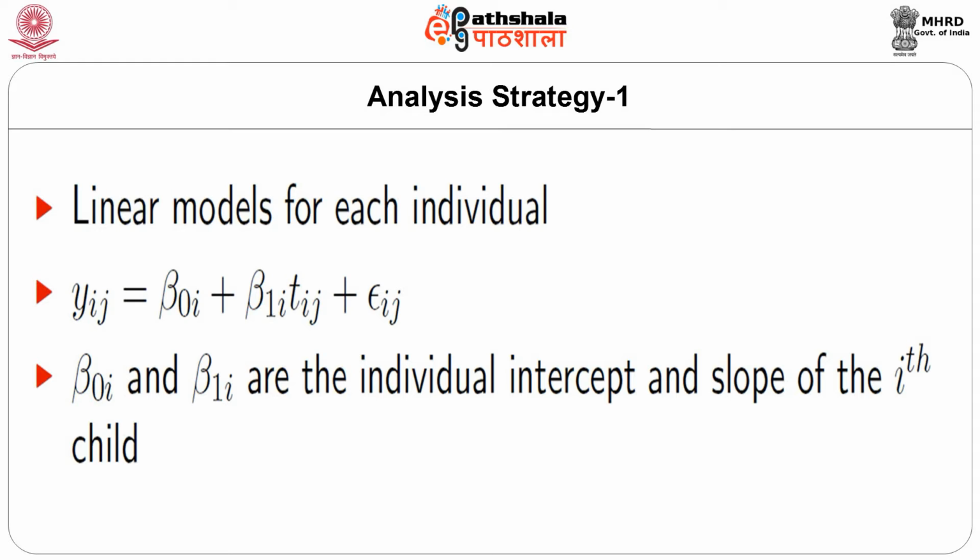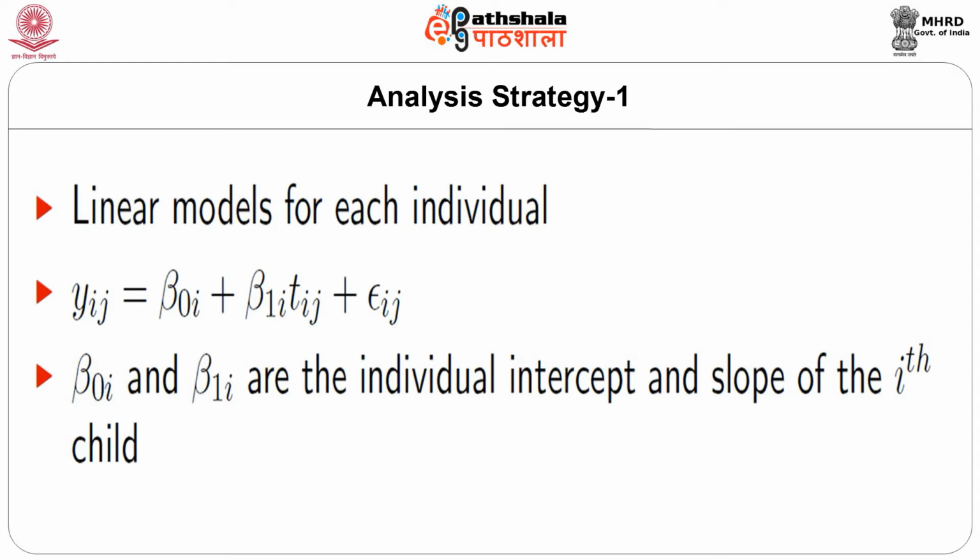So, what are these quantities? Beta naught i is the individual intercept for the ith subject or the ith male or the ith boy, and beta 1 i is the individual slope for the ith subject. Tij is the time at which it is measured. Note that here Tij is equal to Tj because all the subjects are measured at the same time points, and epsilon ij is the random error associated.